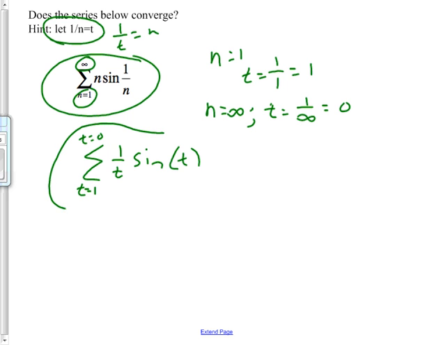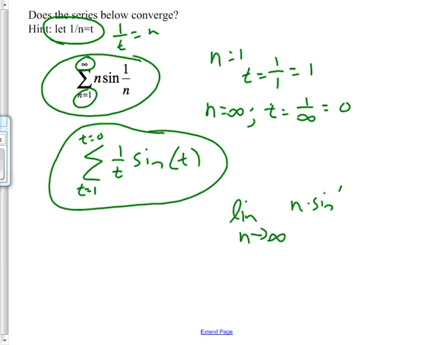I've rewritten it right here, but let's keep it in terms of n. What I'm saying is, we want to know what the limit as n approaches infinity of n times sine of 1 over n is. If it equals 0, then it may converge. If it doesn't equal 0, then it certainly diverges.